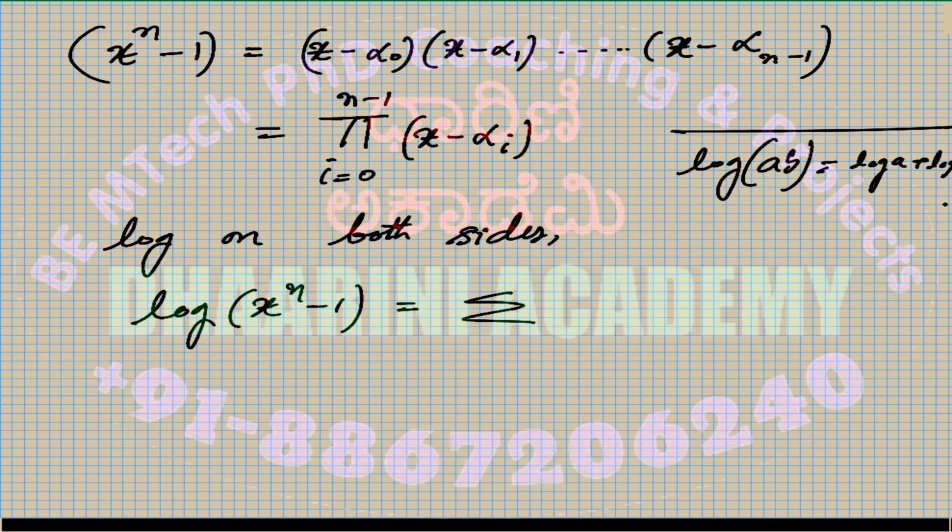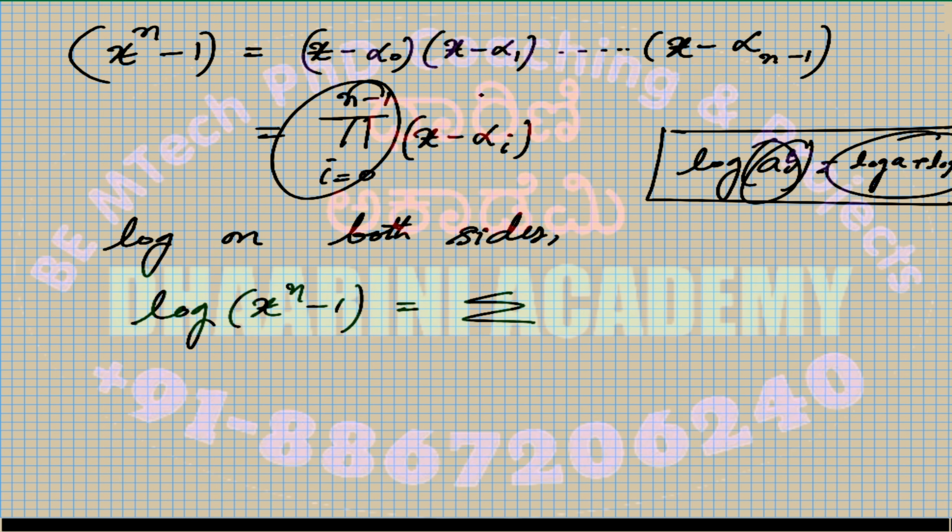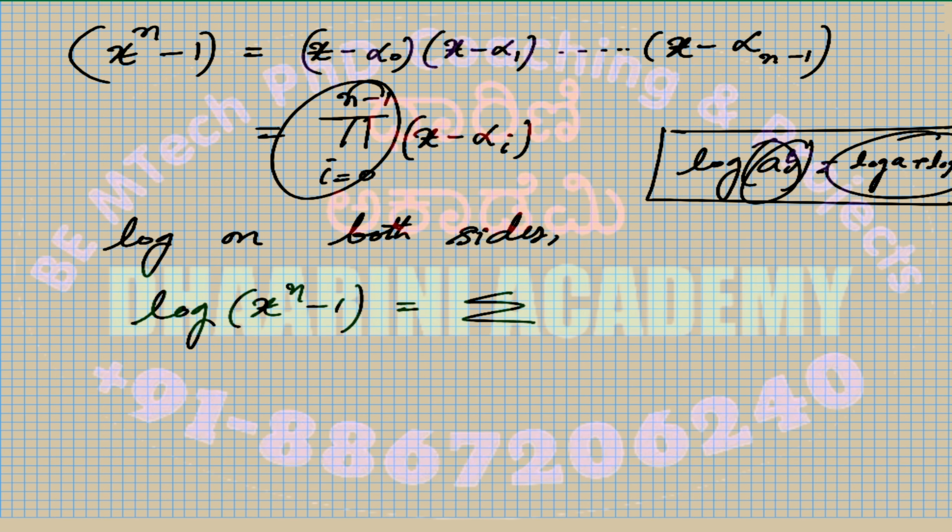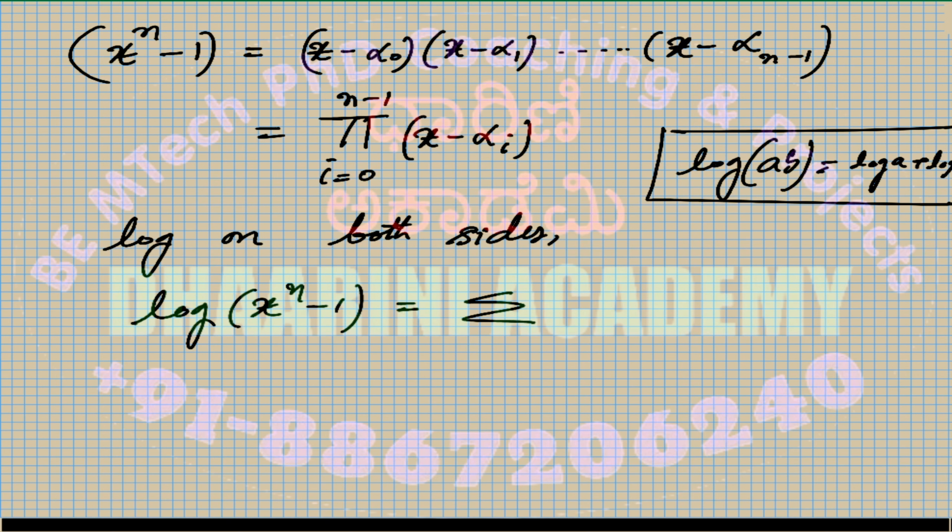So since you are going to get a sum, I am going to replace the product symbol by the sum symbol, i equal to 0 to n minus 1, log of x minus alpha i.